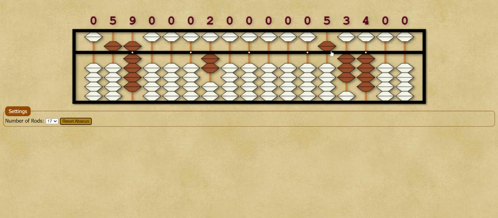Now we have 53. 9 times 2, it's 18. Okay, so from 53 we can subtract 18. So we didn't have to adjust the quotient digit anymore.